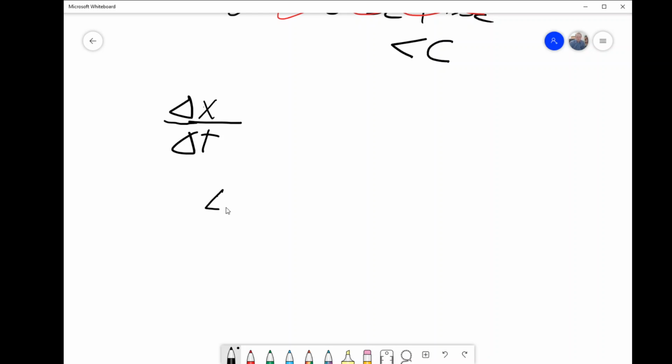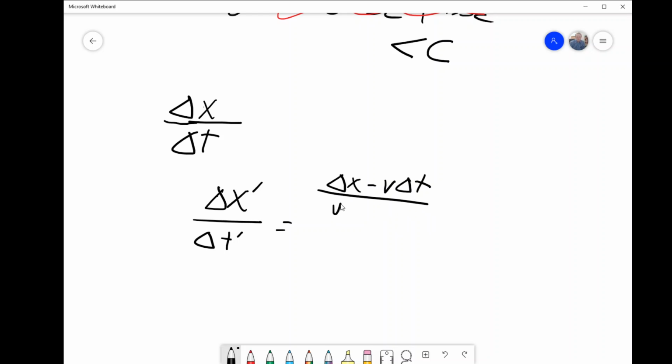So if we have an observer who's measuring them in this reference frame, then our change in position is going to be delta x minus v delta t all over the square root of 1 minus v over c squared.